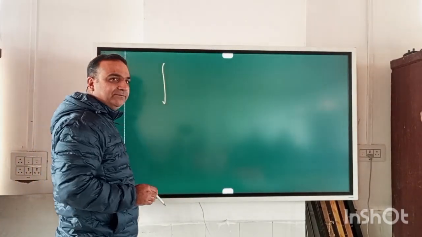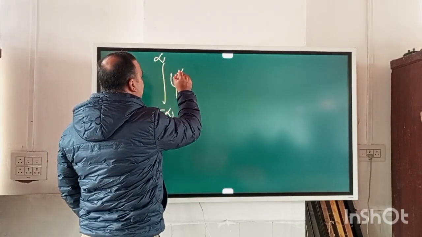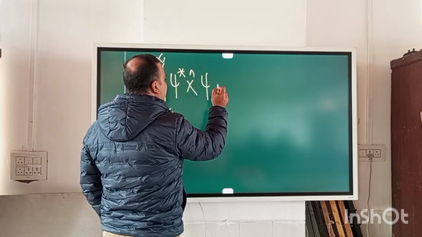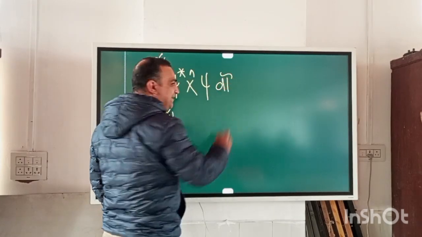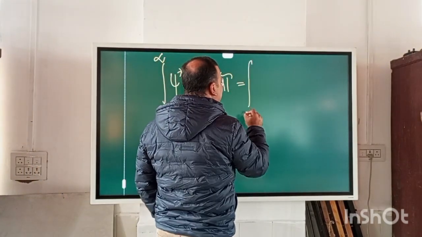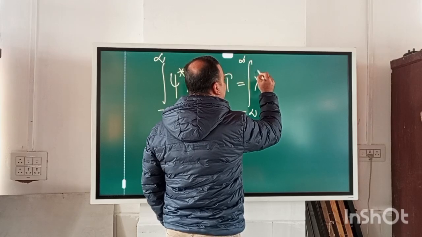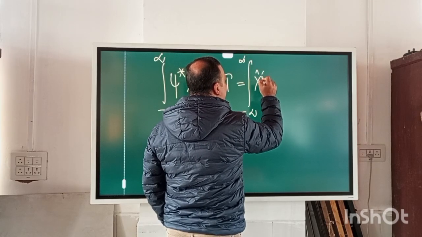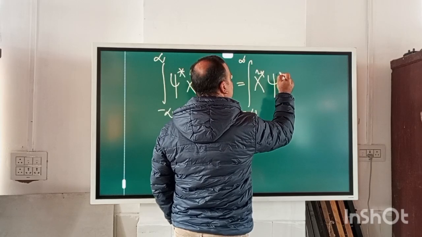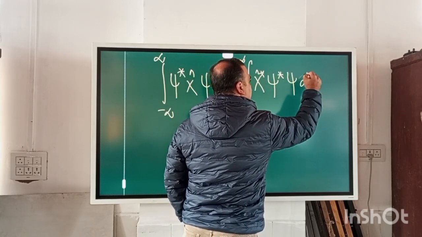Now, for this operator to be a Hermitian operator, what is important is that the integral from minus infinity to infinity of psi star times the operator x cap acting on psi d tau, taken over the whole volume, must be equal to the integral from minus infinity to infinity of x cap star psi star times psi d tau.